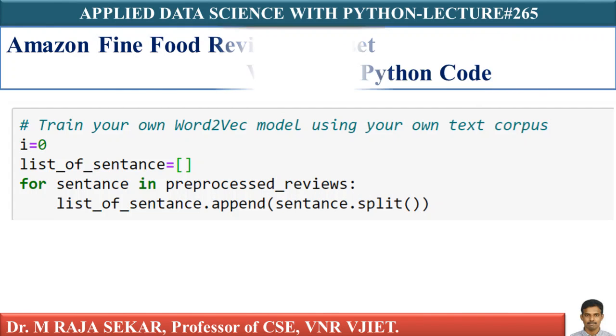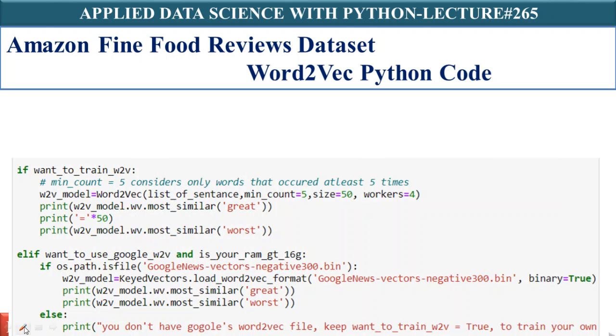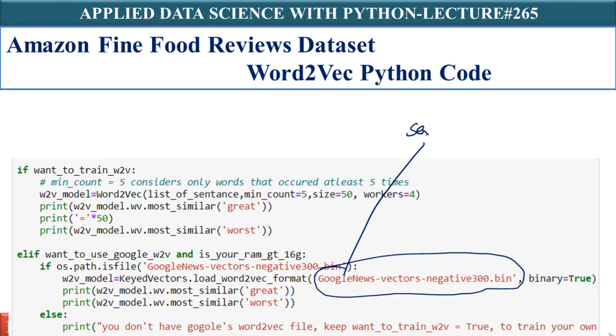Just see this one. This is the one: GoogleNews-vectors-negative300.bin. What is this? It is a pre-trained Word2vec model provided by Google, useful for sentiment analysis.